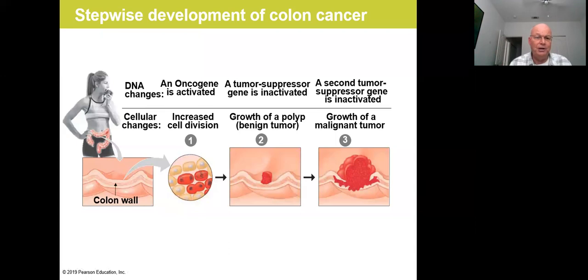This is showing 3 changes. My understanding is that it's a little bit more than that. It's around 5 or 6 changes that are necessary to develop from normal healthy cells through pre-tumorous cells to the benign polyp through to the malignant tumor. There are about 5, maybe 6 changes that are required in total. But it means that multiple changes need to occur in order for this to happen.